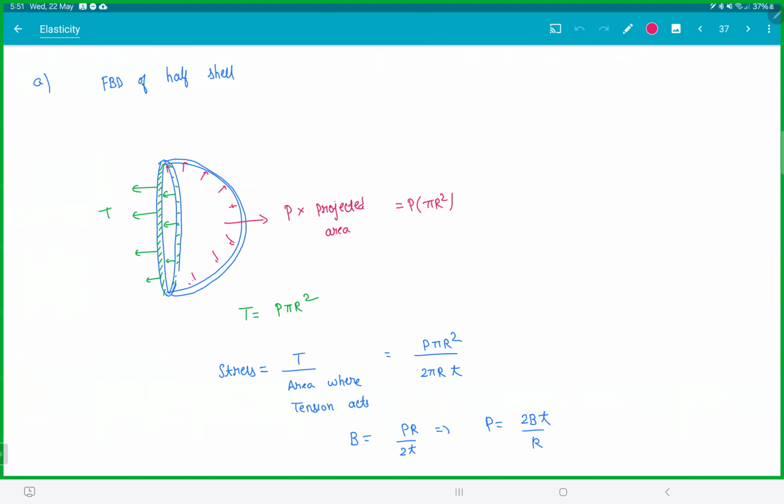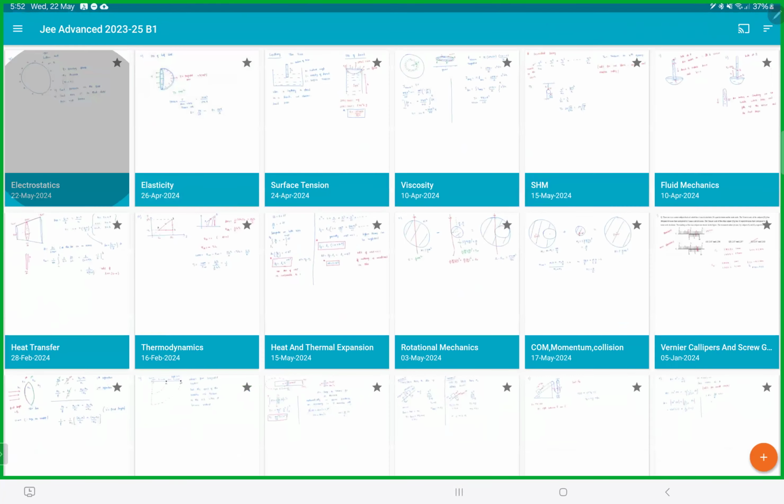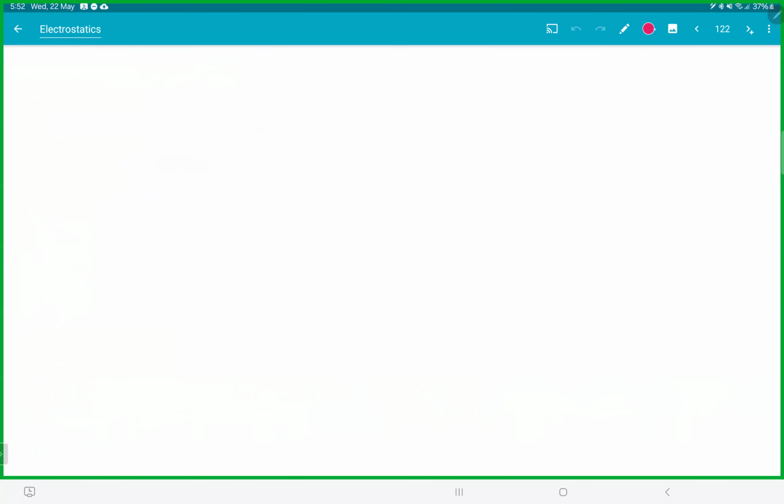Instead of using pressure due to the gas, we will use field pressure. So now the question becomes, you take the FBD of the half shell. The pressure is pushing it everywhere like this.